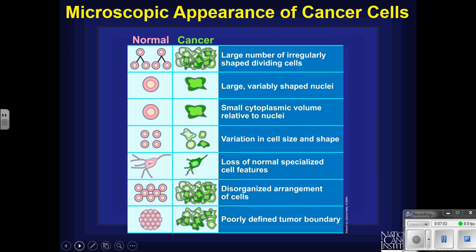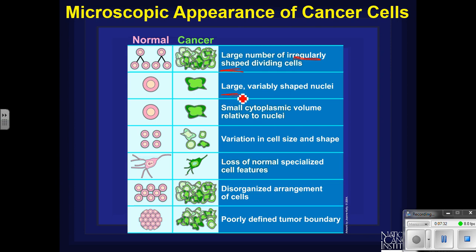So looking at the microscopic appearance of cancer cells, when you look at them under the microscope, normal cells are round, they're circular, they might be kind of cuboidal shape if they're skin cells, but they have a normal shape. Cancer cells are going to be irregularly shaped. In a normal cell, the nucleus is a normal size, takes up a lot of space, but has a defined circular shape.